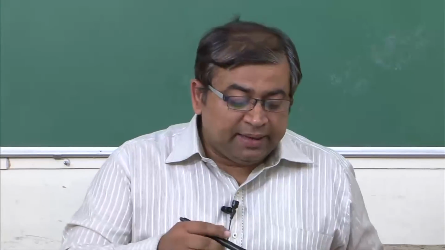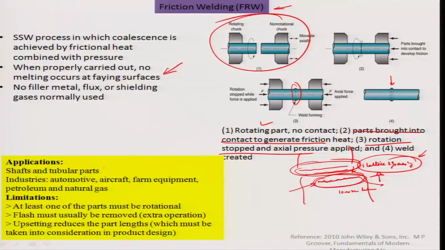This kind of welding can be used particularly for circular parts like shafts or tubular parts. Industries like automotive, aircraft, farm equipment, and petroleum and natural gas use this kind of application.